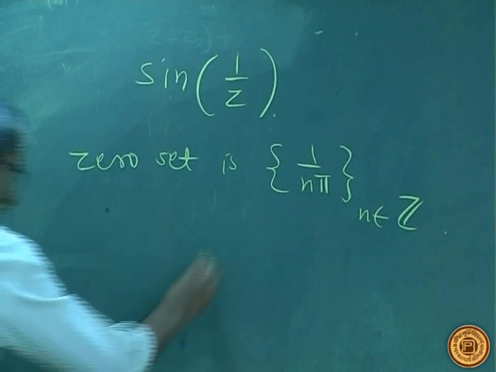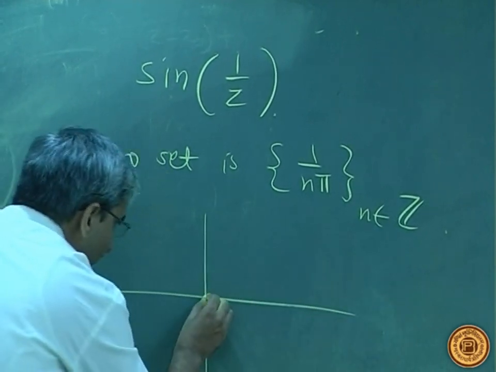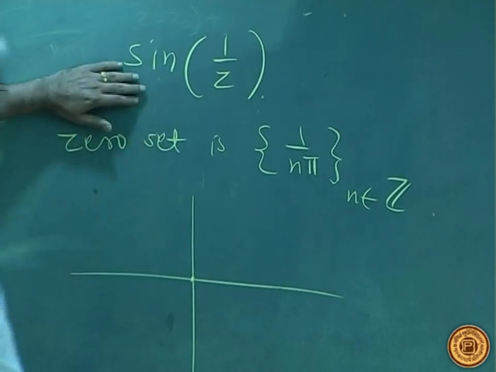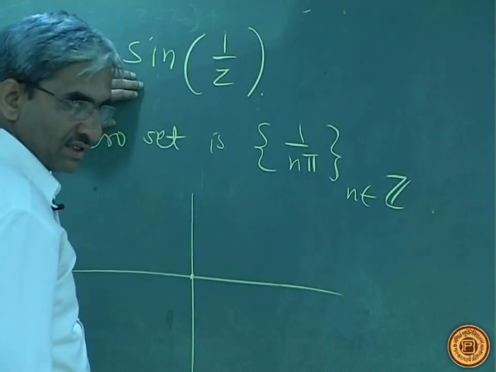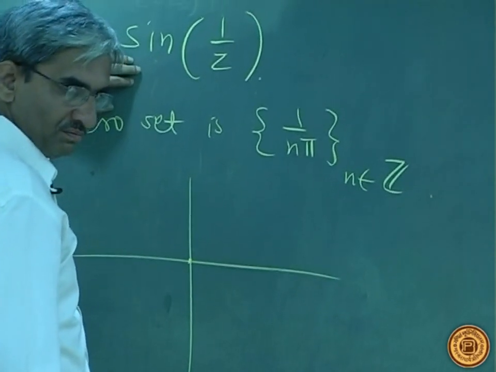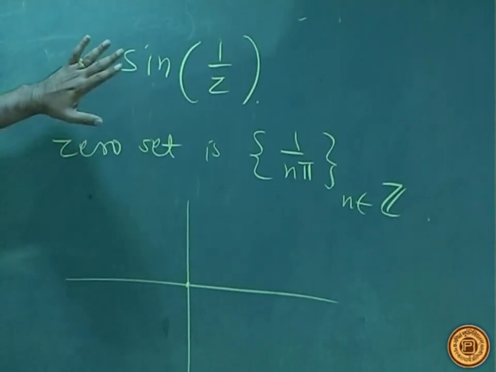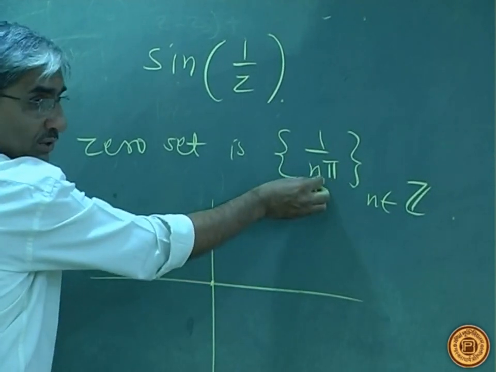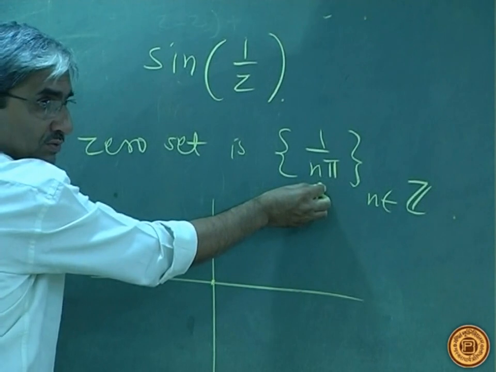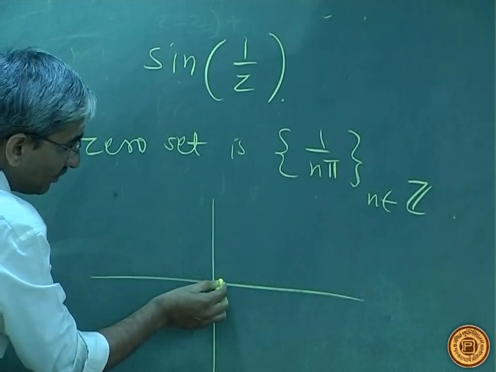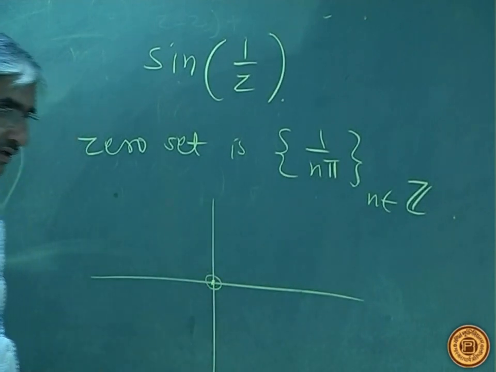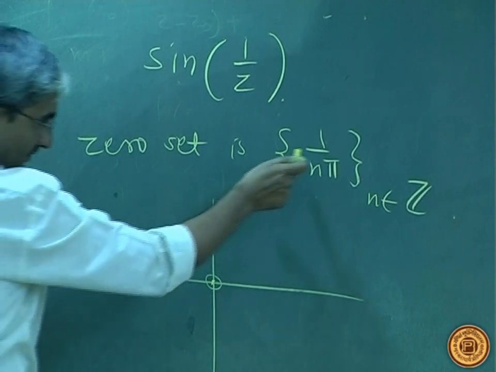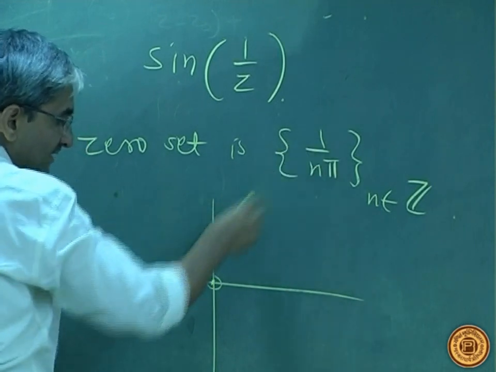Now if you consider 0, of course the function is not analytic at 0 here, it is analytic everywhere except 0. Now this sequence converges to 0, remember 1 upon n pi will converge to 0. So if you consider a neighborhood of 0, then all but finitely many terms of this sequence will belong to that.